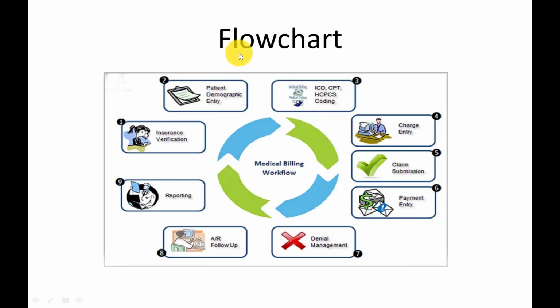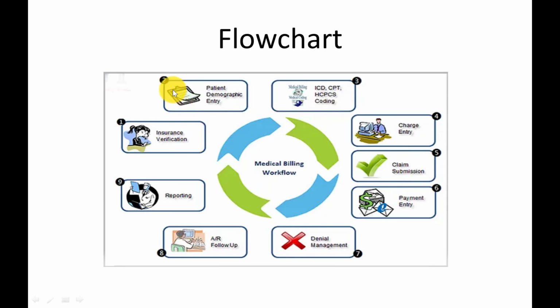To understand it easily, this is the cycle of the medical coding and medical billing process. It is related to insurance claims. Whenever an insurance company comes to them, the first step will be insurance verification.